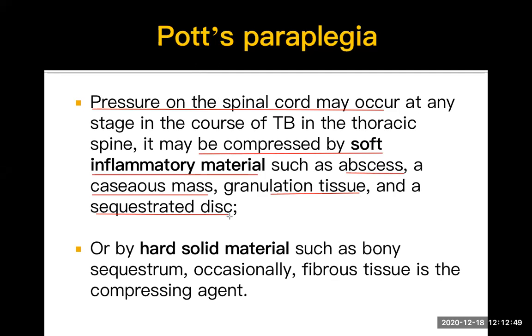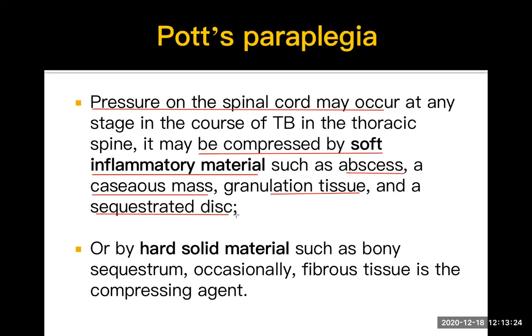Sequestrated disc means the disc is completely damaged, we know that. So if the annulus fibrosus is severely damaged, then what will happen to the nucleus pulposus? The nucleus pulposus is herniated. It will be moving here and there, and it may also be divided into a few pieces, and some of the pieces may go towards the spinal cord and severely damage it.